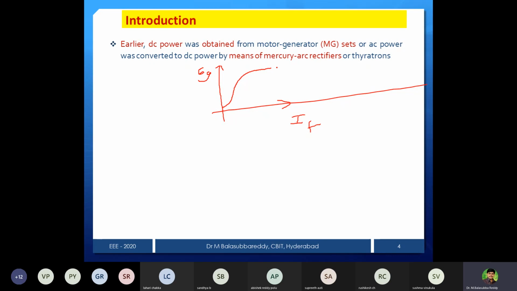Once it reaches saturation, the EMF remains constant. In between, you can see the variation. So you can get a variable DC voltage by making use of a motor generator set, because the motor input you can connect to the electrical supply and couple it to the generator. Once the motor is rotating, the generator will generate the EMF. Variable voltage will be obtained by changing the excitation of the generator. That way we can get variable DC.